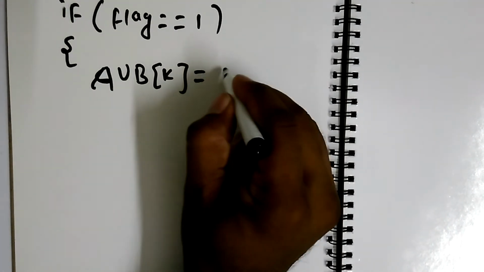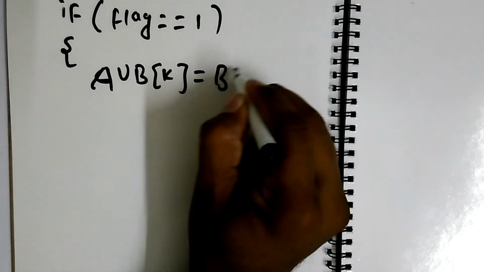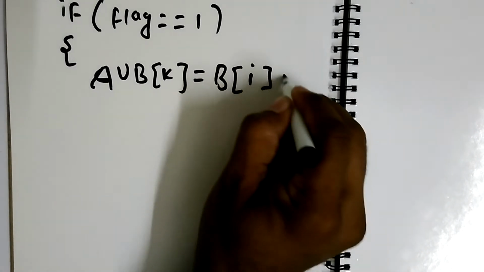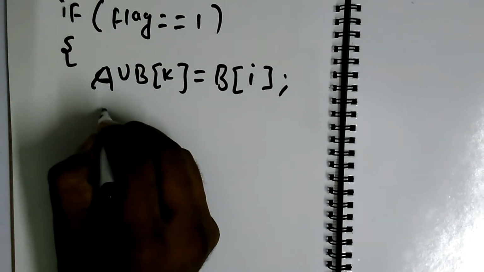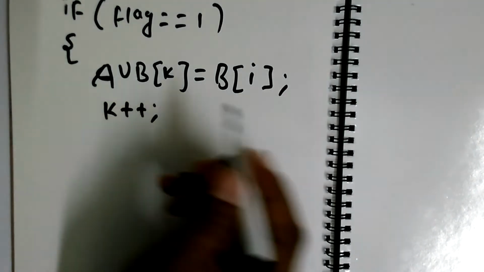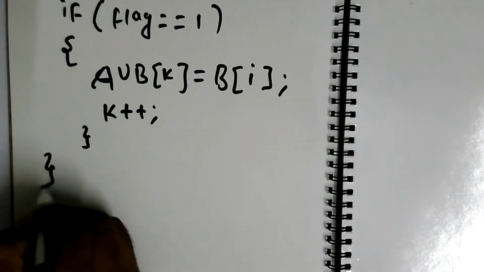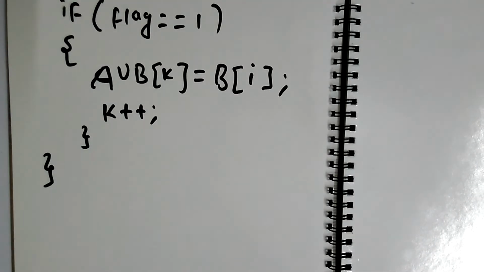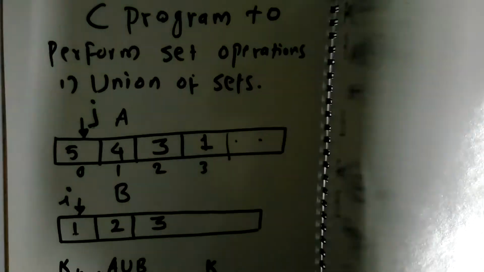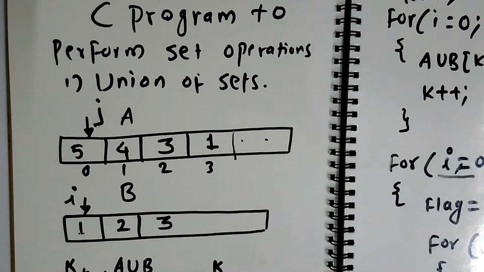A union B of K is equal to B of I, since I am copying from B. And after copying, I'll increment K so that I get the next position. Now I close the bracket for the first for loop.